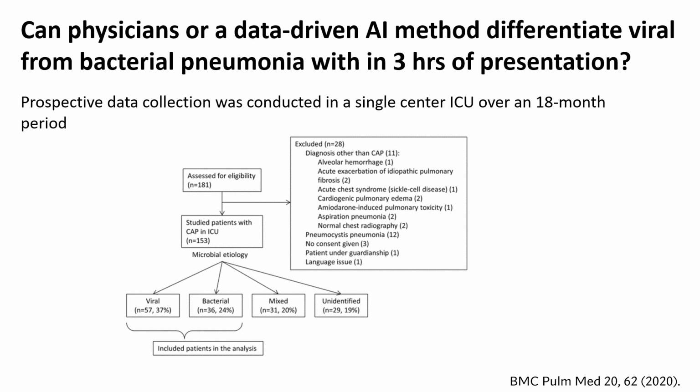In order to do that, this prospective study was done in a single ICU over the course of 18 months. What they exactly did was the collection of all these data points on patients who ultimately had a confirmed diagnosis of viral or bacterial infection, or a combination of these two situations, as well as those unidentified cases of community-acquired pneumonia.